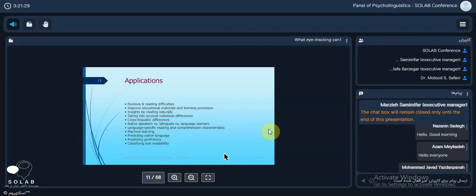For example, dyslexia and reading difficulties, improving education materials and learning processes, insight for reading naturally, taking into account individual differences, cross-linguistic differences, native speakers versus bilinguals versus language learners, language-specific reading and comprehension characteristics, machine learning, predicting native language, predicting proficiencies, classifying text readability. All these parts are very important and top study titles of the world, and you can find them in Web of Science.